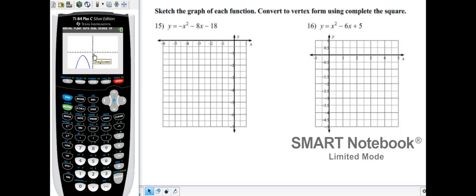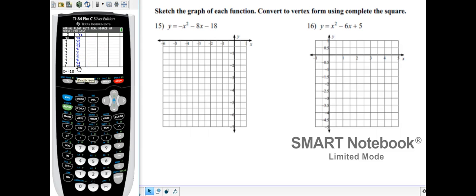Now we don't know the exact points and where to put them over here on this. So we're going to have to pull up some points using the table. And that'll give us some usable points. So I actually did that already, but I'm going to go back and show you how I did that. I just hit second table, and I get these x, y ordered pairs from my graph.